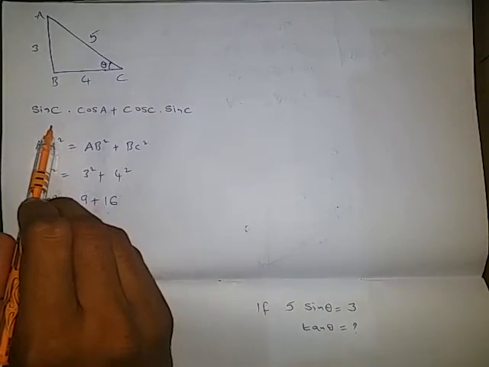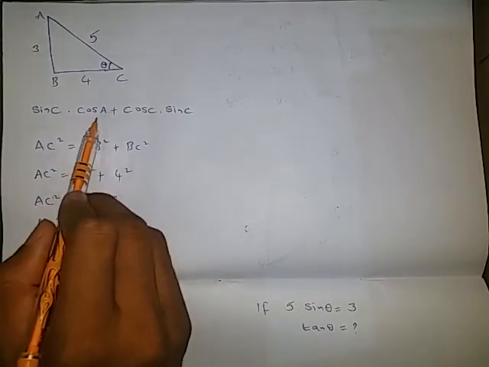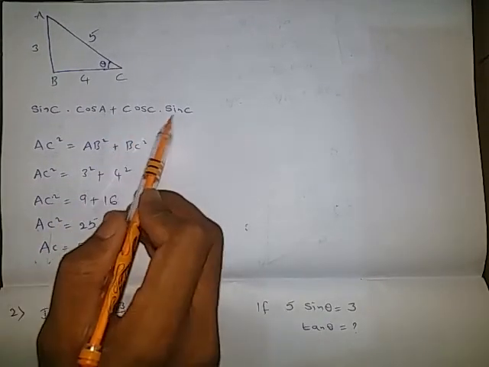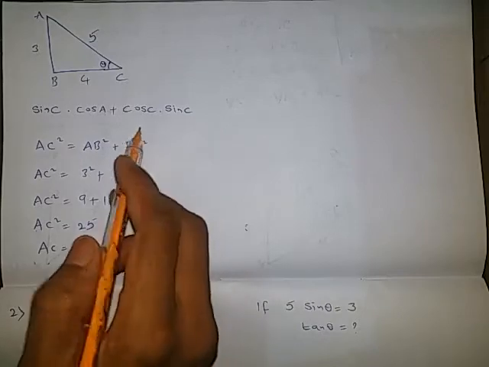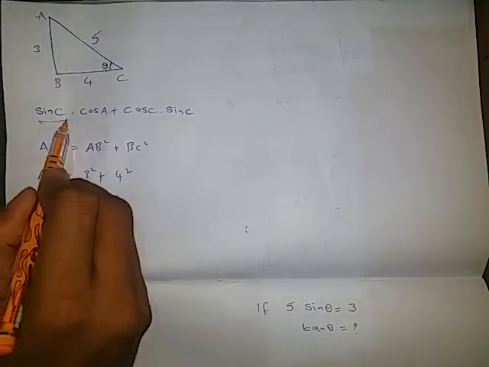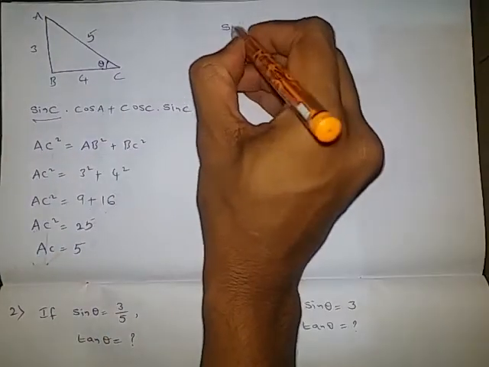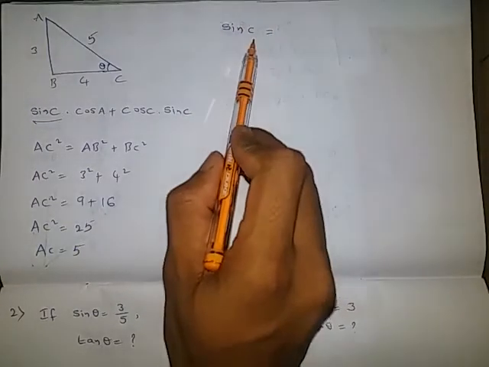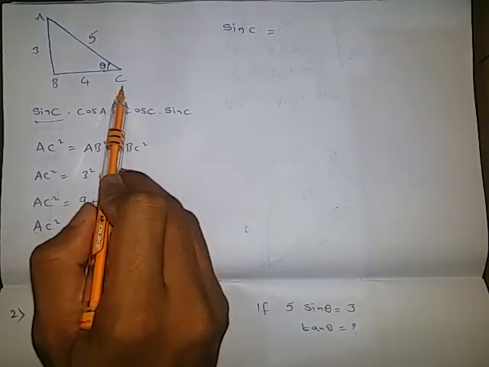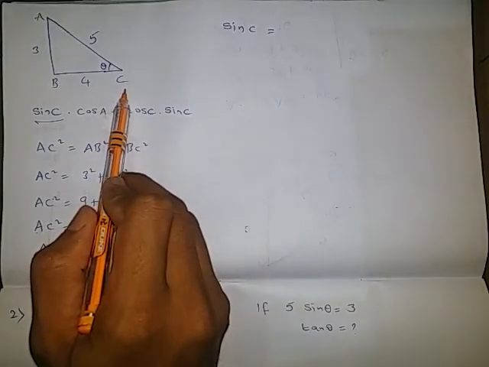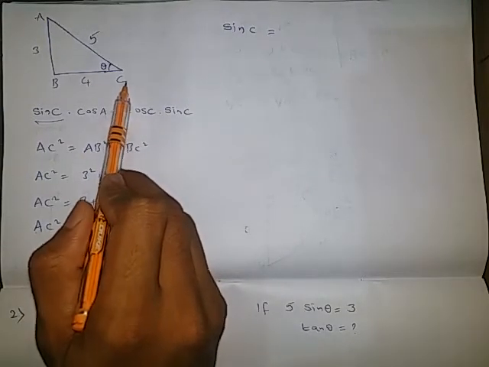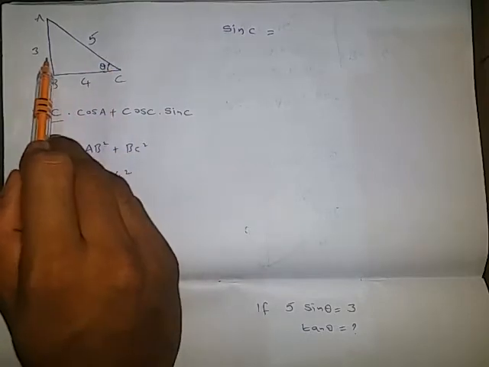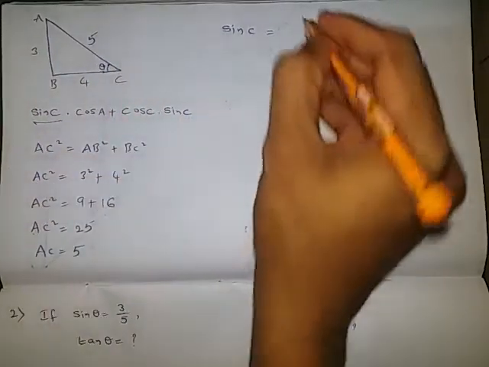Now we need to find out the sin C into cos A plus cos C into sin C. Okay, first let us find what is the value of sin C. So for the angle C we are discussing, sin is nothing but opposite by hypotenuse. So for this angle C, opposite is 3 and hypotenuse is 5.